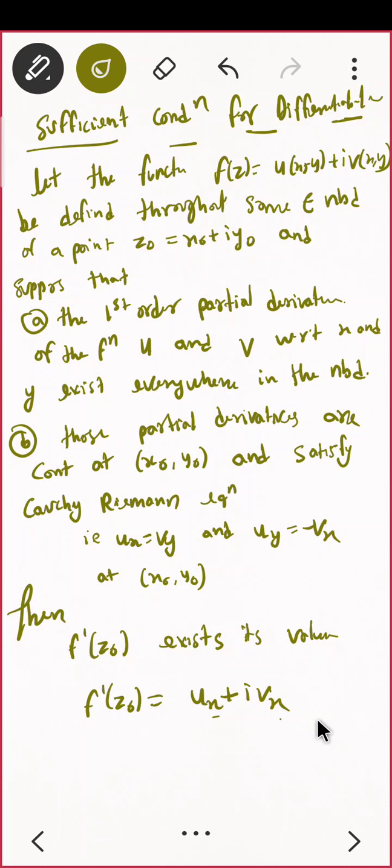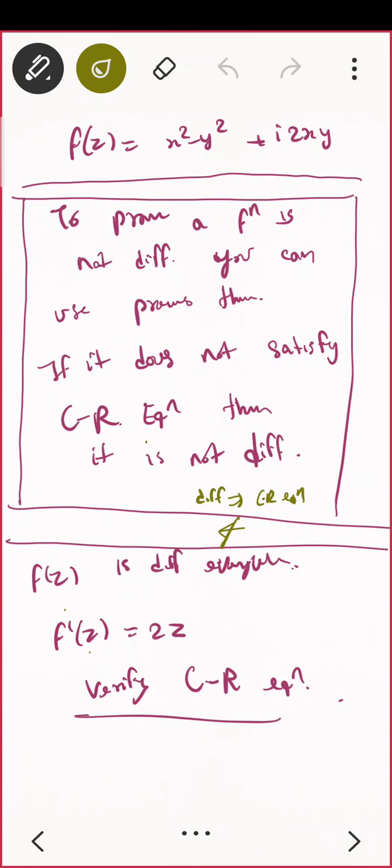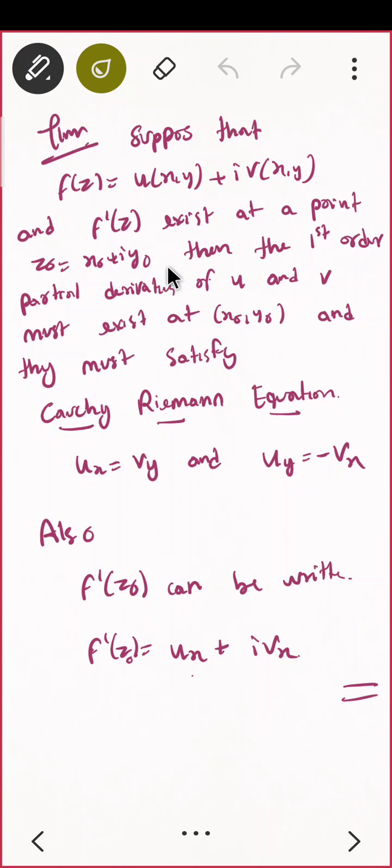Okay, so did you understand the statement? What was my question in the previous part? My question was, if I am given differentiability, let us see the statement. Here I got to know that if my function is differentiable, then it is satisfying the CR equation and the derivative is this.